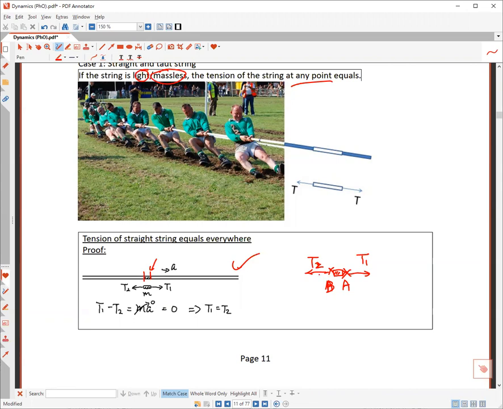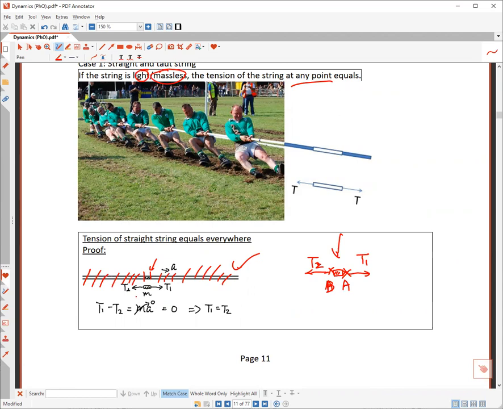At point B, the tension T2. T1 is the tension exerted on this small part by the string on the right hand side. T2 is the tension acting on this part by the string on the left hand side.